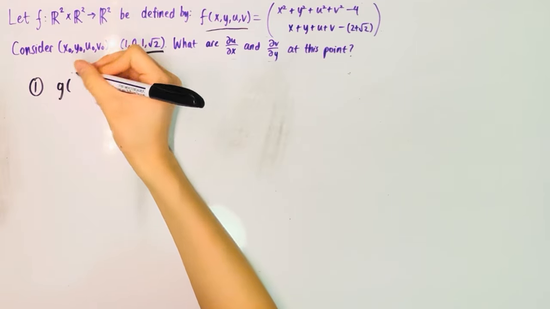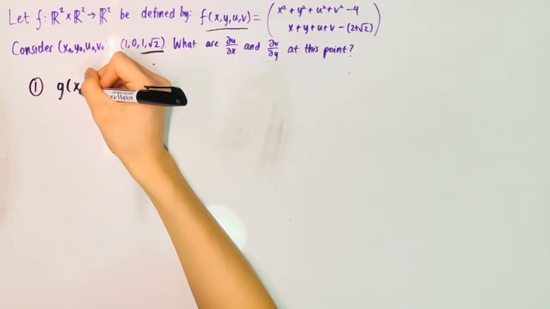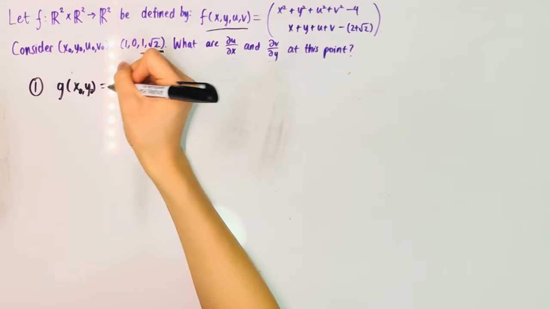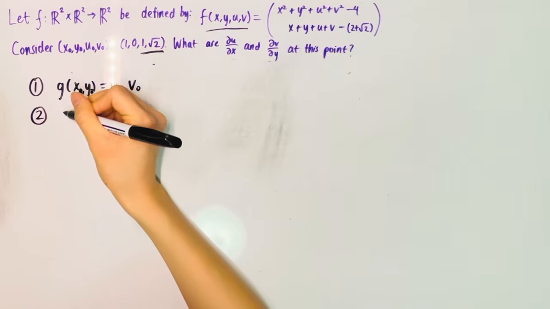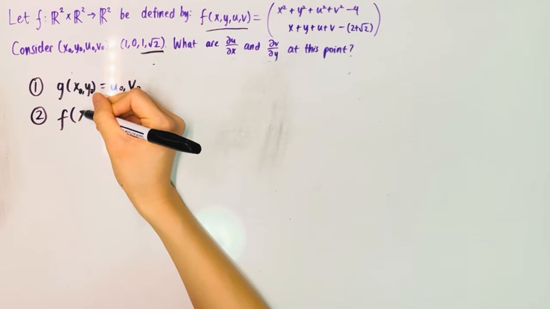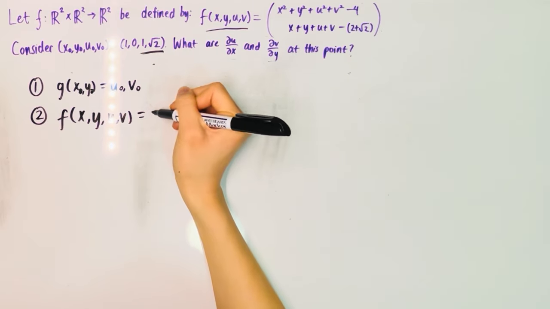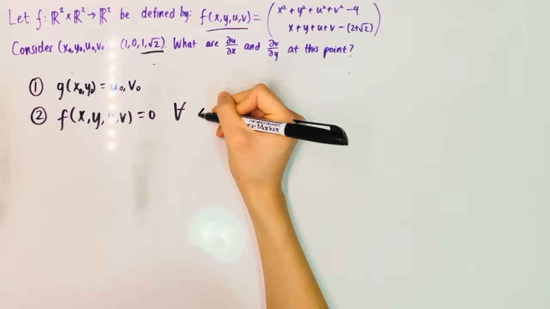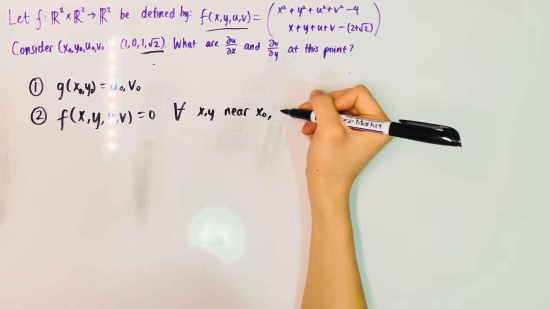Secondly, f of x, y, u, v equals 0 for all x, y near x naught, y naught.